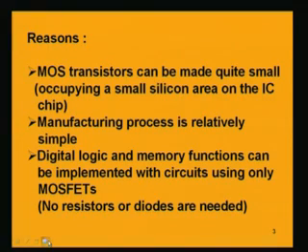popularity of the MOSFET. The reason is, at first, the MOSFET transistors can be made quite small, and basically each occupies a very small silicon area on the IC chip. As it can be made on a very small area, it helps in reducing the size of the chip.